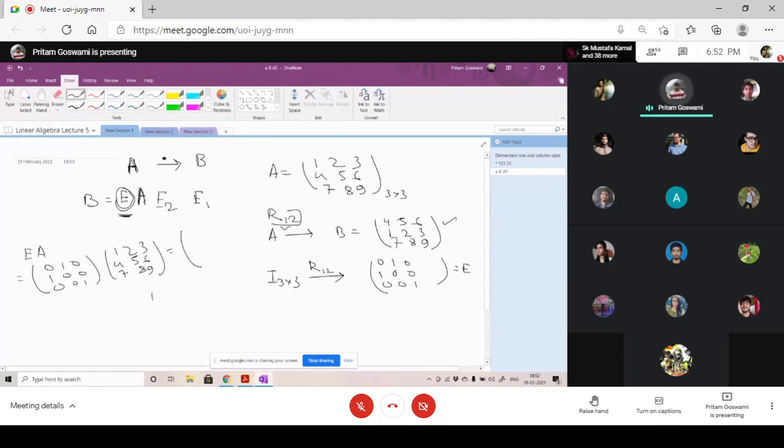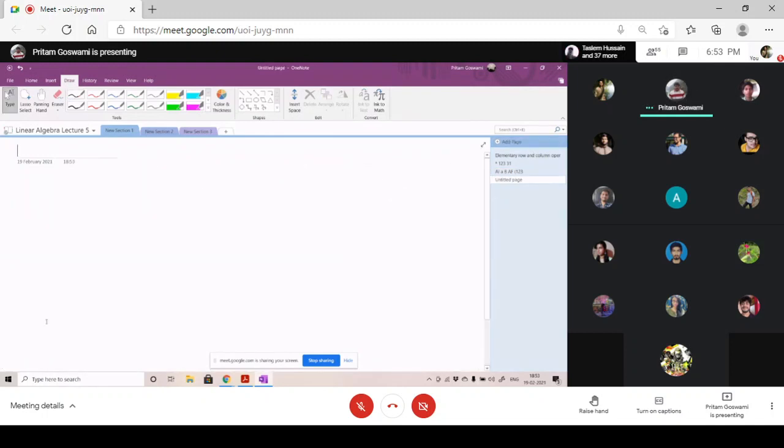And you can check that you are initially operating on A, and this will become the new matrix. It is always true for row operations, but for column operations the matrix multiplication will be from the right side. I'm giving you an example.